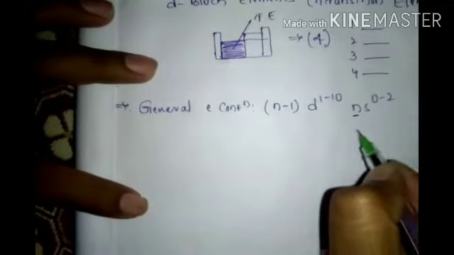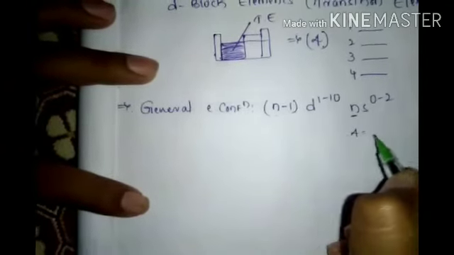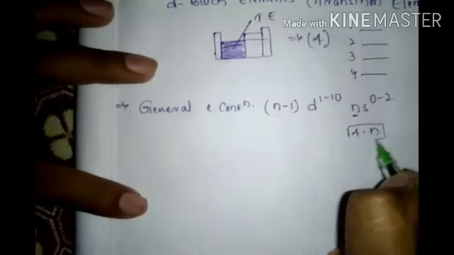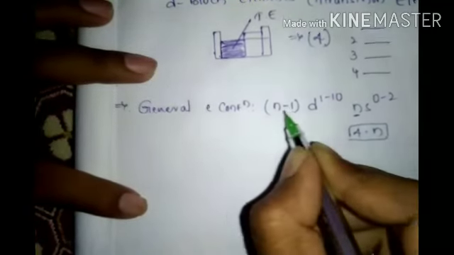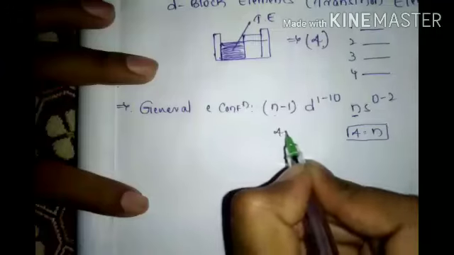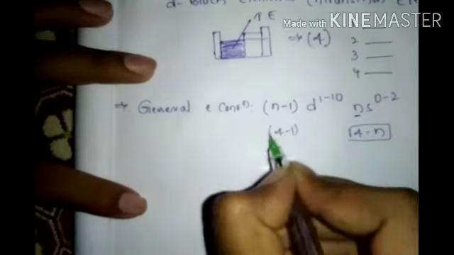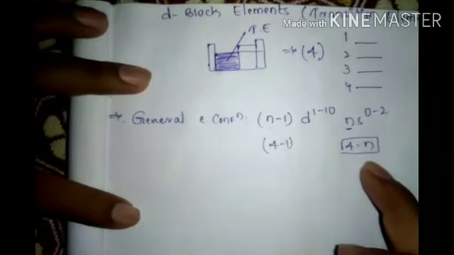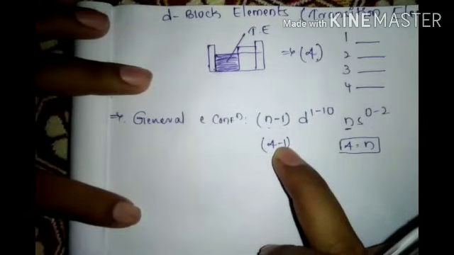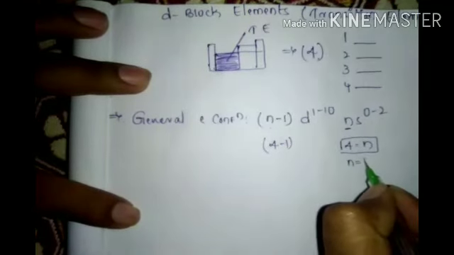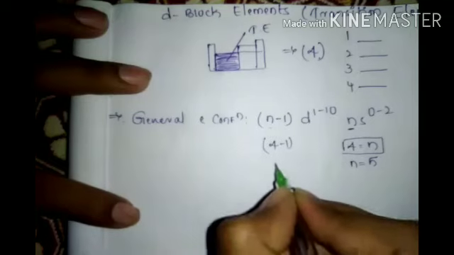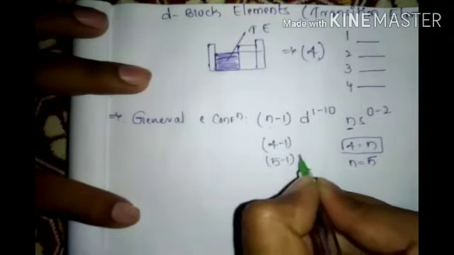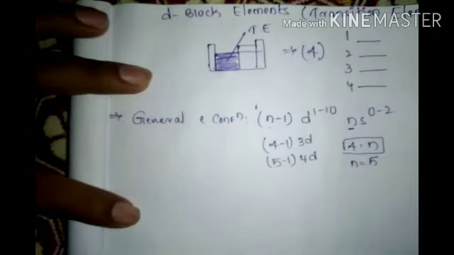For example, n equal to 4. What will come here? 4 minus 1 means 3d. Here n is 4, so 3 will come. For example, n equal to 5: 5 minus 1, 4d. Got it?